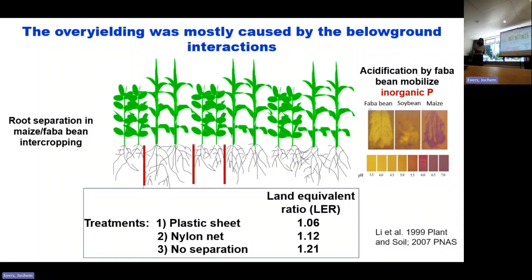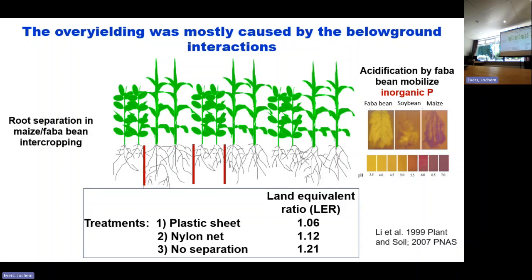Then we want to ask why the below ground interaction can contribute to the overyielding. In their follow-up studies, they determined the root exudates of maize and faba bean, and they found that the faba bean roots can acidify their rhizosphere soil, and we can see this from this photo.